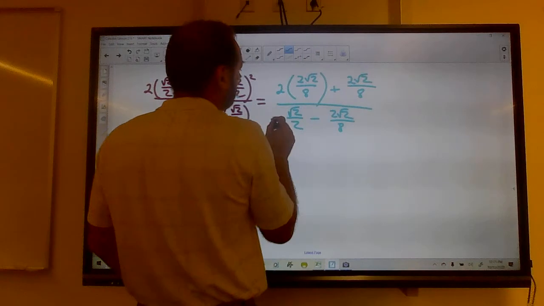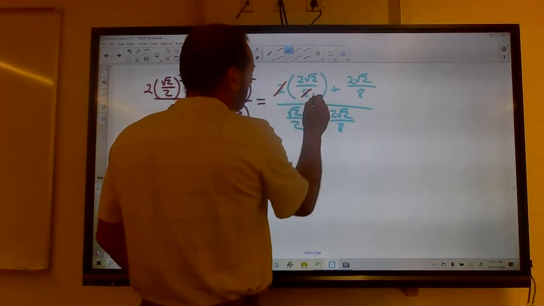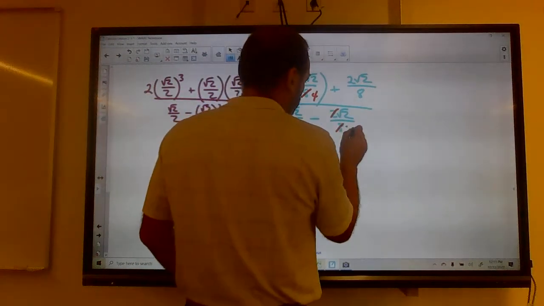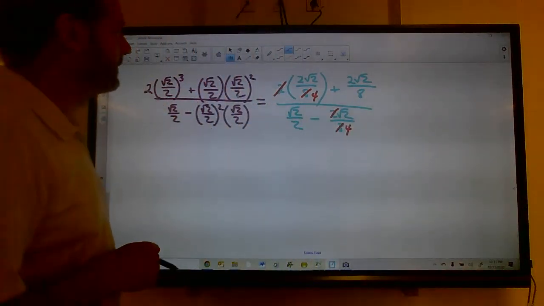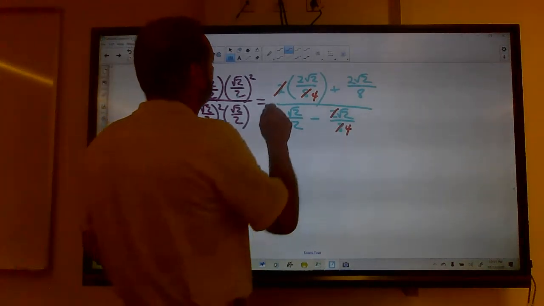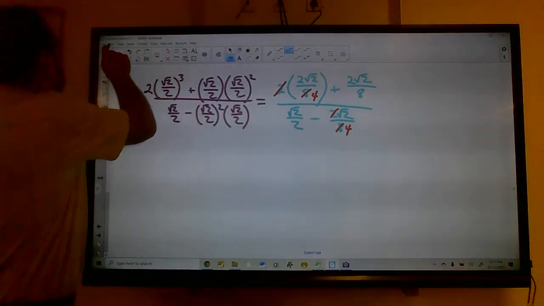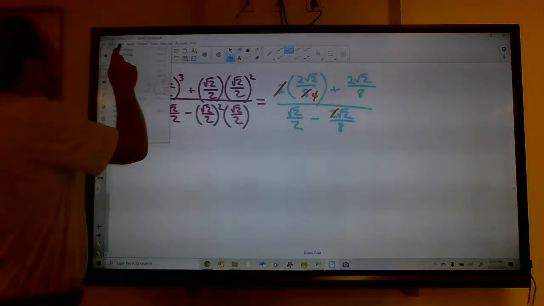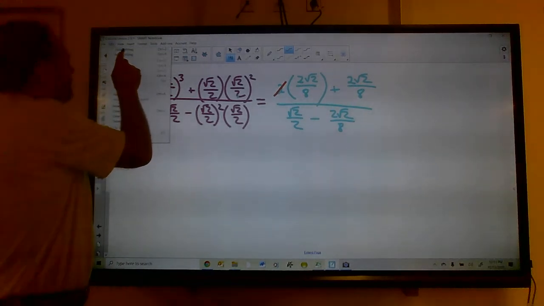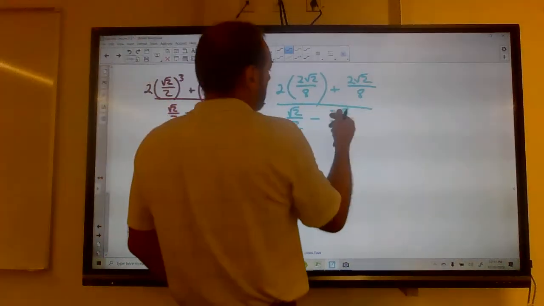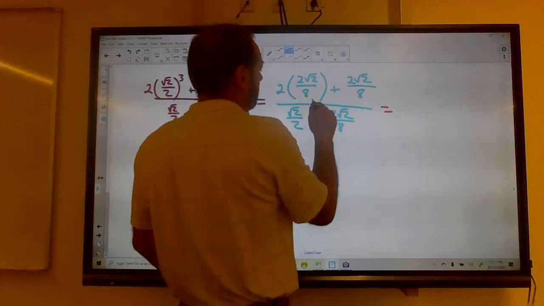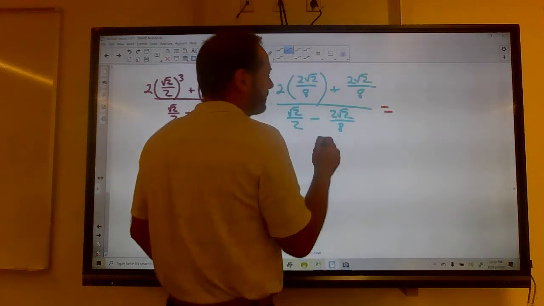Okay, so we've got that cancels that, leaves a 4. And that cancels that, leaves a 4. Which didn't make much sense to do because, let's undo that, because then I lose my common denominator here. So this would be 4 square root of 2 over 8 plus 2 square root of 2 over 8.